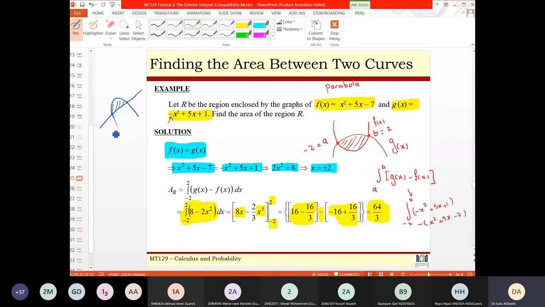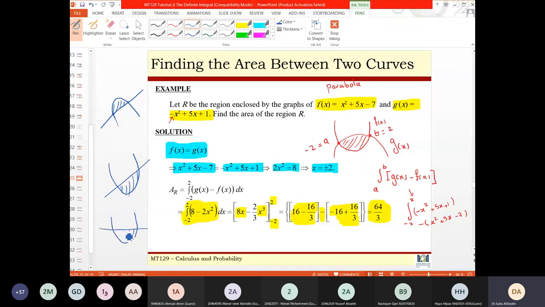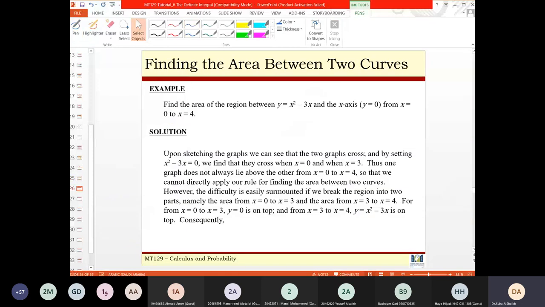So the area will be this. Or the parabola could be concave up and this is the line, so it will be this area. Or the parabola like this and the line like this and the area will be here. And the solution is the same. We find where they intersect, we subtract, we find the integration.